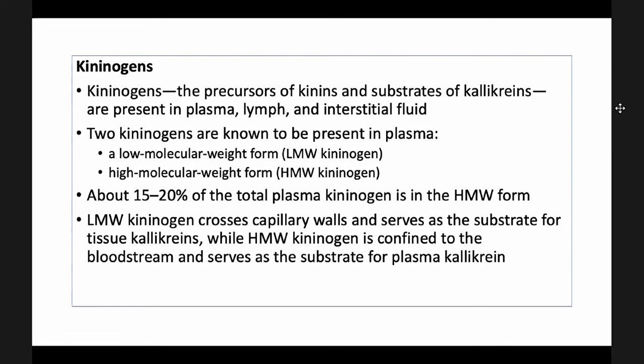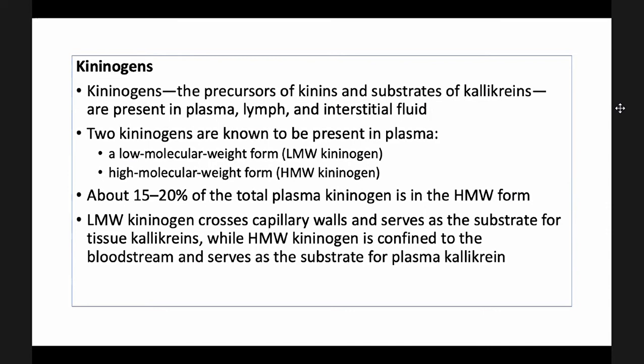Your kininogens are the precursors of your kinins and substrates of your kallikreins. They are present in the plasma, lymph, and interstitial fluid. There are two kininogens present in the plasma, your low molecular weight form and the high molecular weight form.